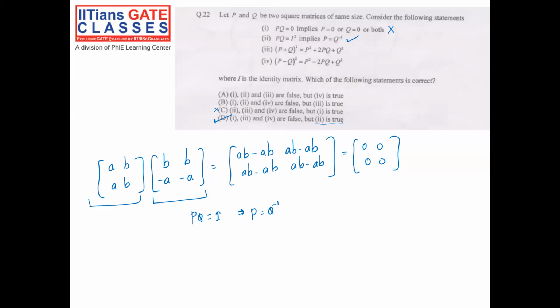But just for further information about statements 3 and 4, these statements are applicable for variables, and we cannot apply them to matrices. So the 3rd and 4th statements are not necessarily true when it comes to matrices. So the correct option is option D here.